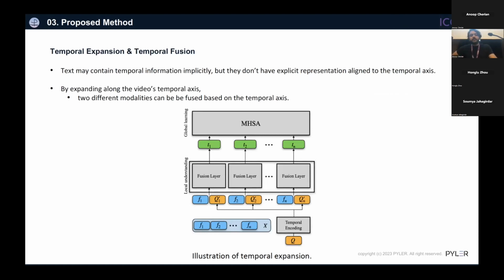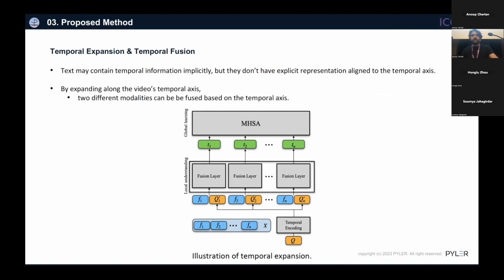Previous methods did something like this: as discussed previously, the number of tokens in the video is quite huge compared to the text. So if we just fuse them, there are many methods. For example, some just replicate the text with the video.